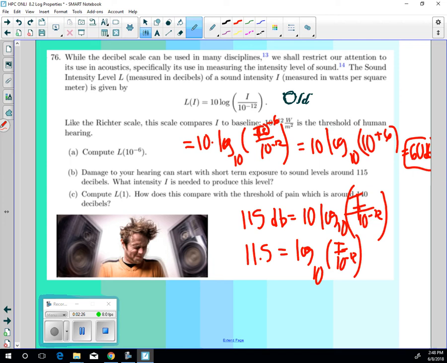But you do, because remember, you can always change log form to exponent. The base is 10. The logs are exponents, so this is the exponent. 11.5 will be equal to I over 10 to the negative 12. Okay?